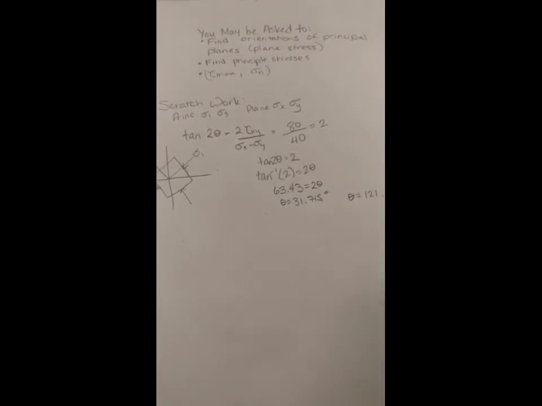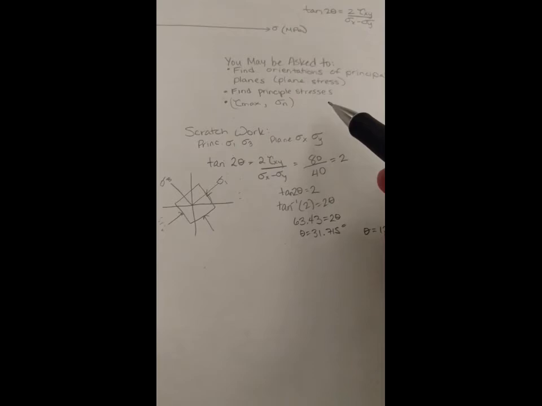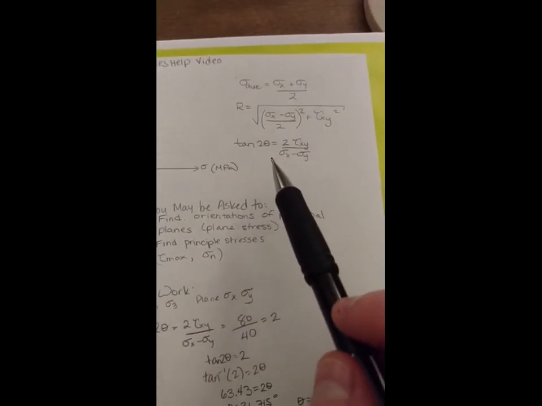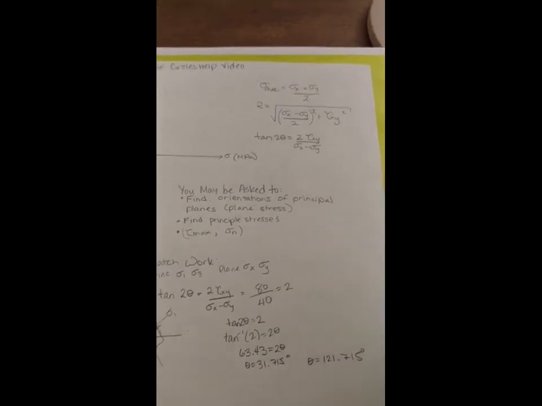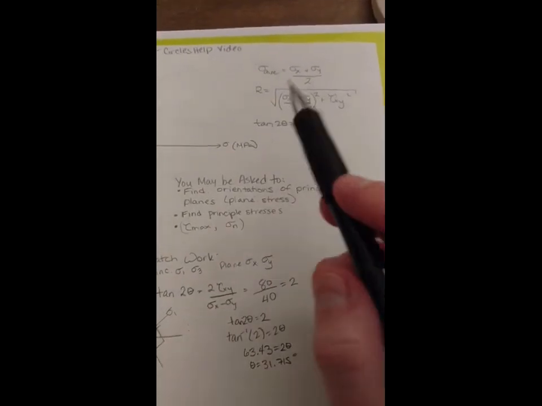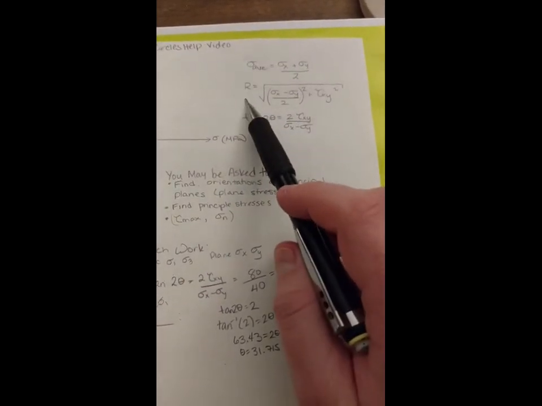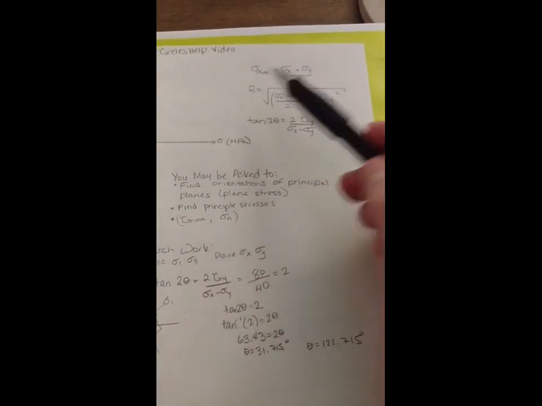The next thing you might be asked to do is actually find what those principal stresses are. And so to do that, again, we come up here, and I did not give you the formula for them, but that's okay. To get the maximum principal stress, you're going to do the average plus the radius. To get the minimum principal stress, you're going to do the average minus the radius.